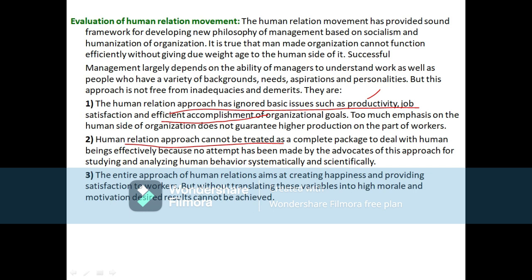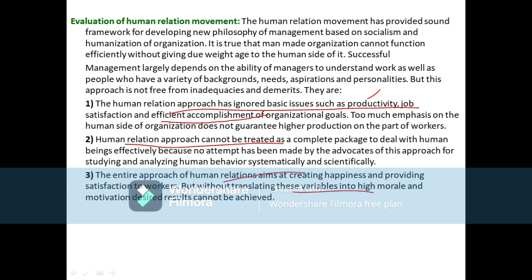Then the entire human relations approach aims at creating happiness and providing satisfaction to workers, but without translating these variables into high morale and motivation, desired results cannot be achieved. Even though the approach is related to the happiness and well-being of the workers, we need some variables, very high morale variables, and if they are not motivated, achievement is not possible.